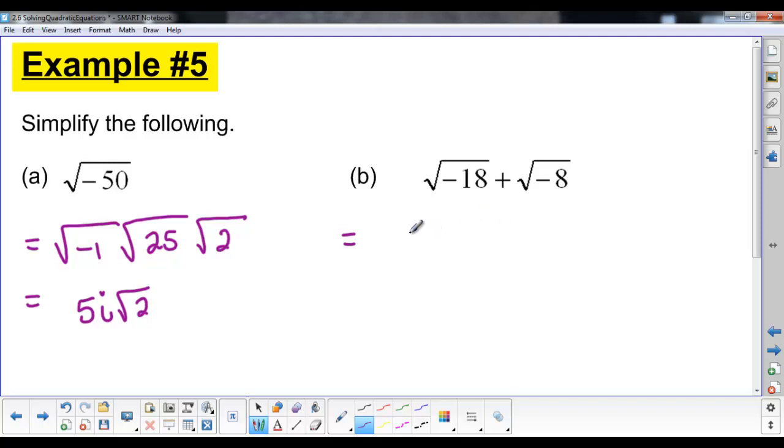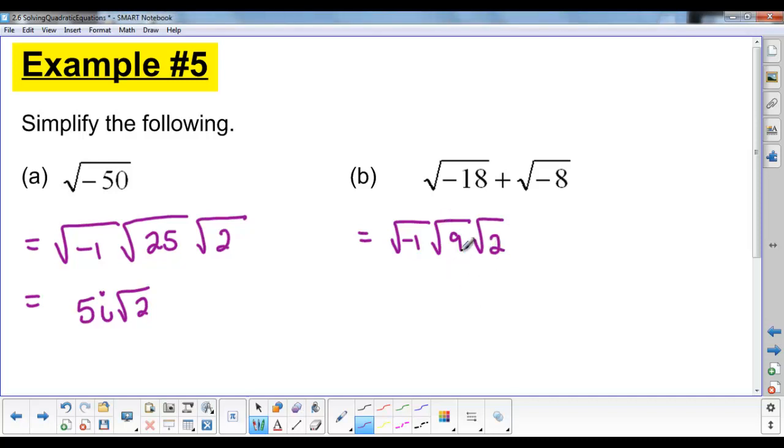So breaking down the root of negative 18, I would pick negative 1 for the negative sign, and then 18 can be split into 9 and 2. I wouldn't choose 6 and 3 because I don't know the square roots of those off the top of my head. They end up being decimals. So 9 and 2 work out great, because this would simplify into square root of 9 is 3i root 2.